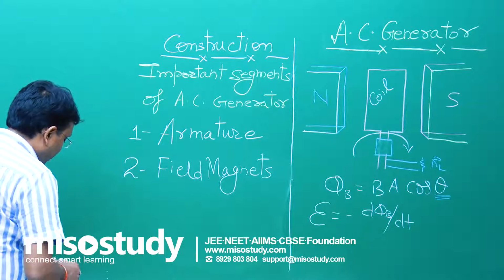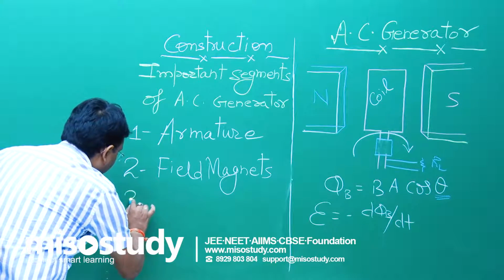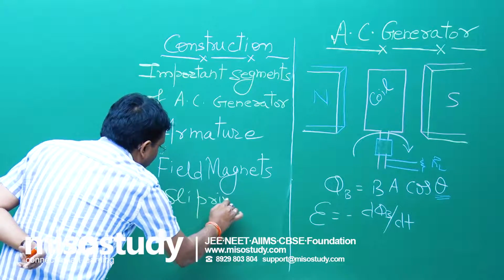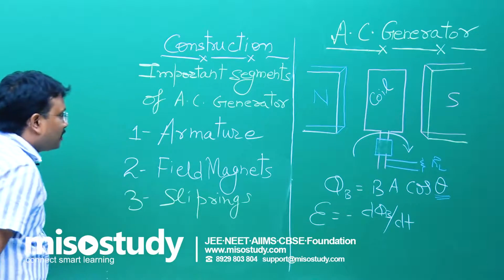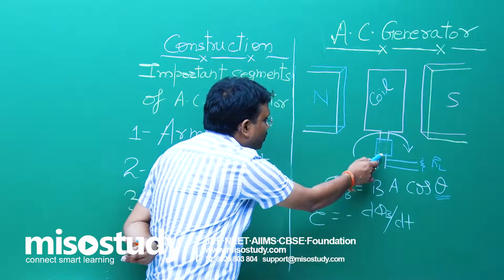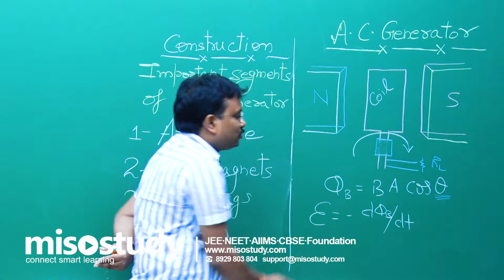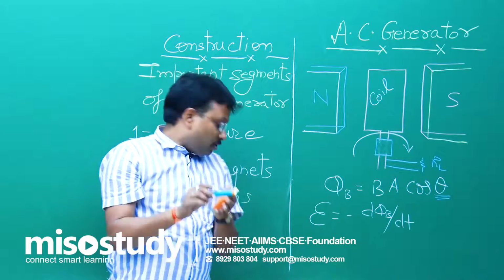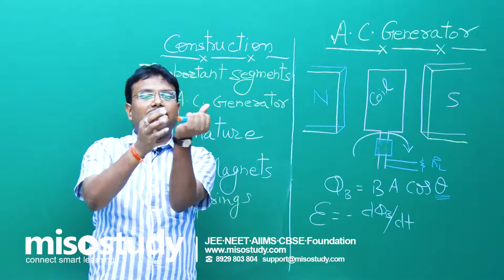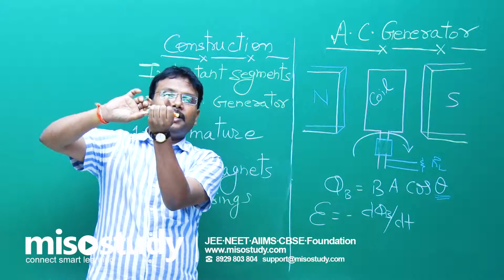Then third point comes at slip rings. Now, what are slip rings? Actually, I tried to create this slip ring using this blue color chalk. Suppose at any point of time I want that this chalk holder should rotate like this.